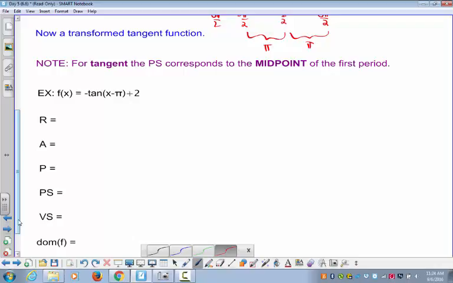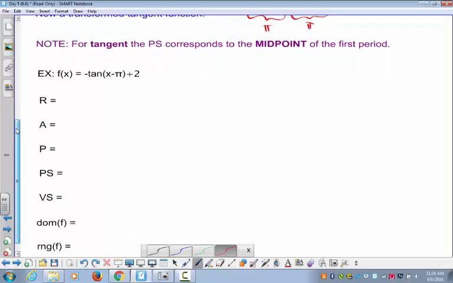This is the only function of the 6 that has one slight difference in how we start our graph. With sine, cosine, and cosecant and secant and cotangent, we'll start right at the phase shift being the left endpoint. Only tangent is different, and here's how it's different.